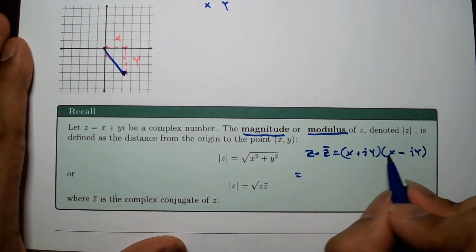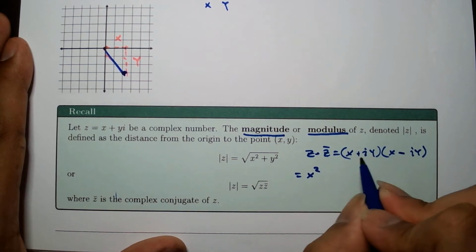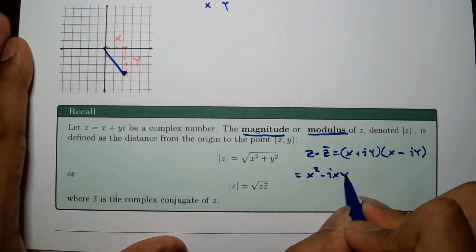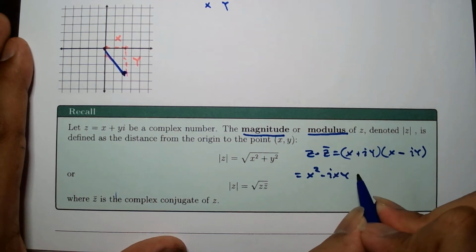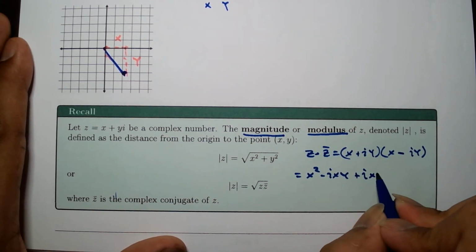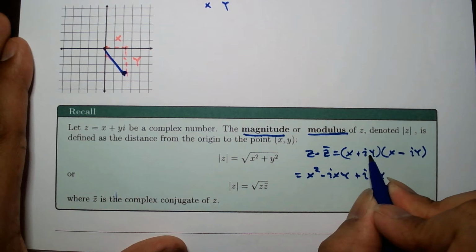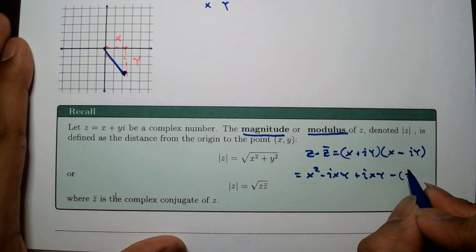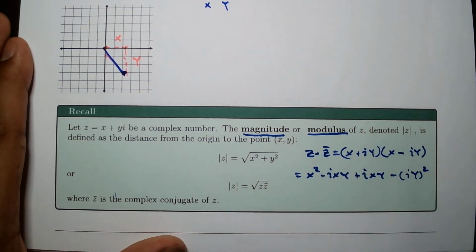I'm going to FOIL this. That's x times x, that's x squared, and then x times negative iy, that's negative ixy, and iy times x, that's plus ixy, and iy times negative iy is negative i squared y squared.